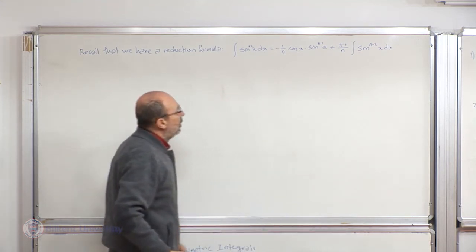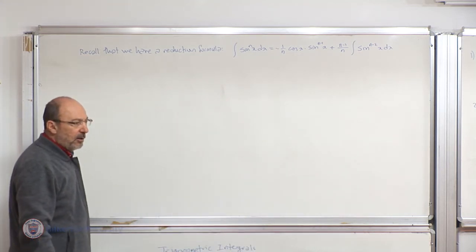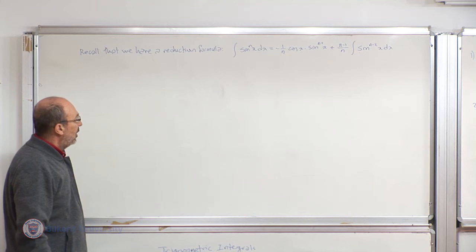Okay, so repeatedly applying this, we find an antiderivative for the nth power of sine x.